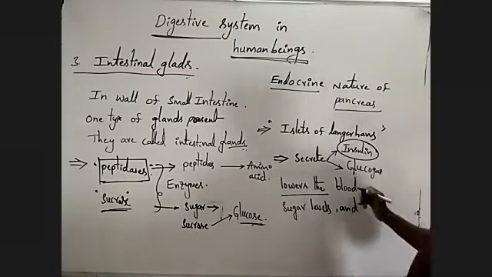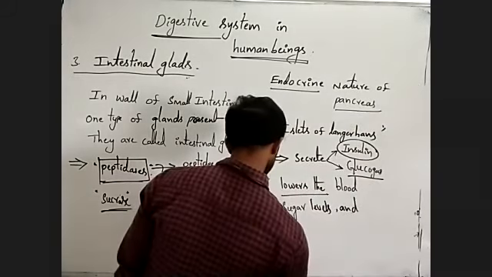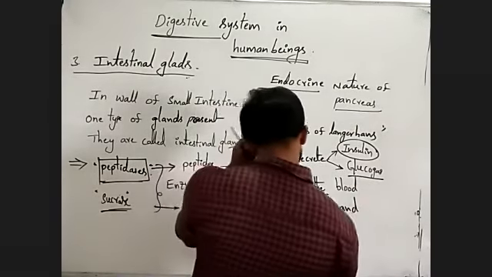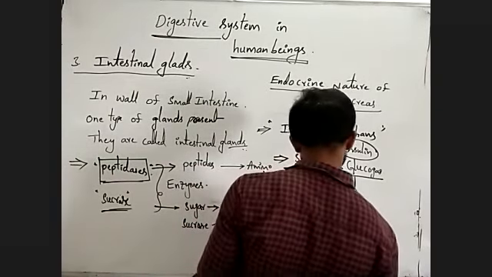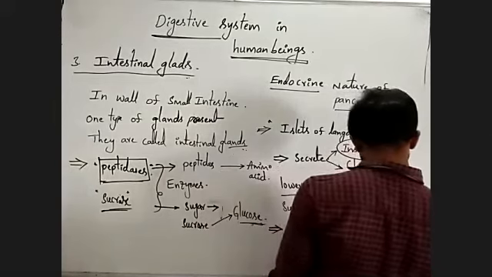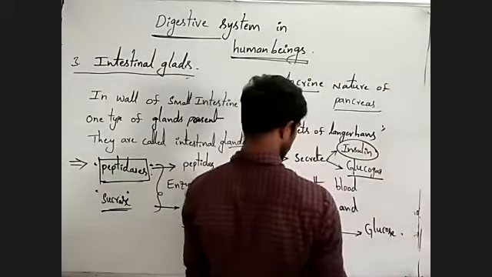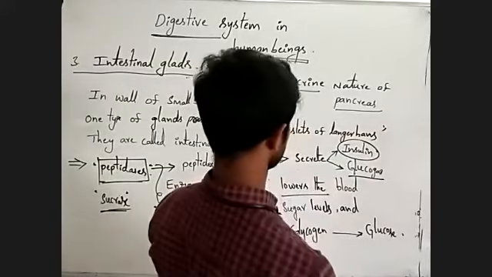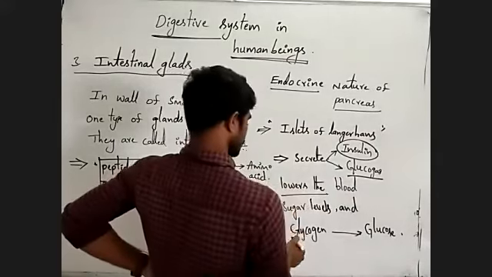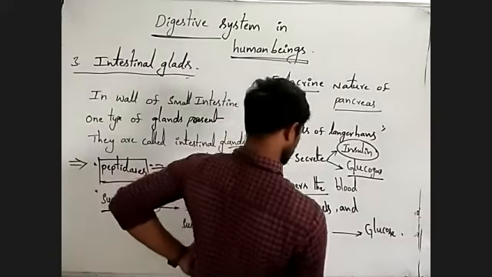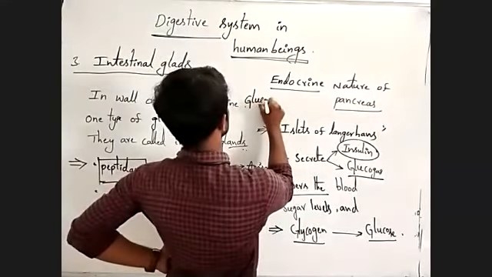Okay, observe carefully here. Next, glucagon means it converts the glycogen into glucose. Observe carefully here: glycogen into glucose.